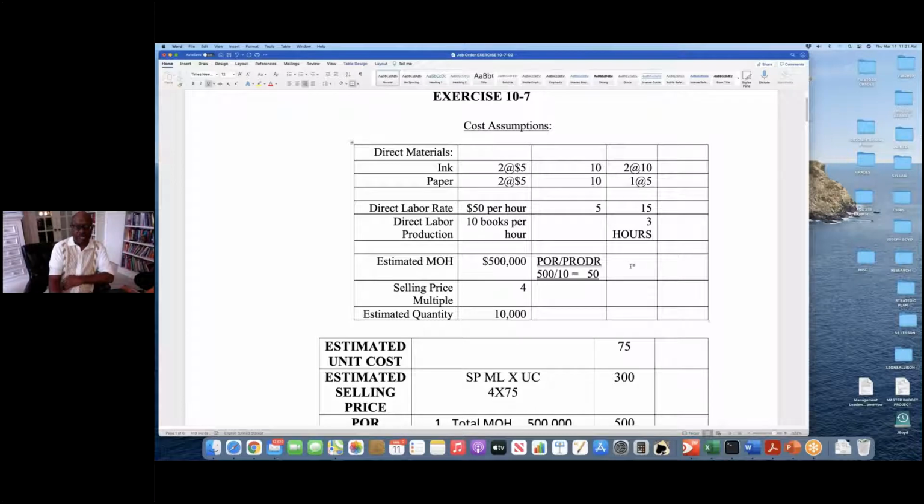Let's make the overhead 600,000. And we'll make the selling price 3, and we'll keep the quantity 10,000.